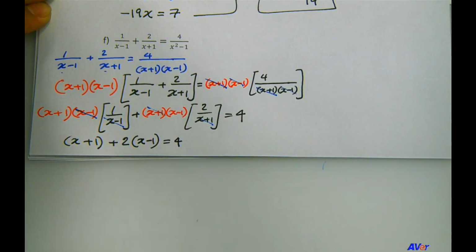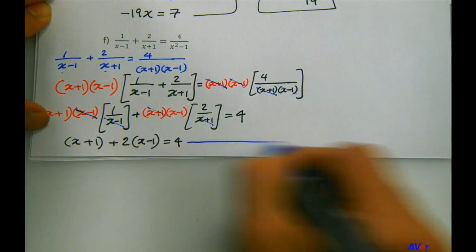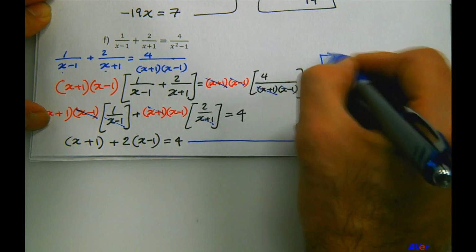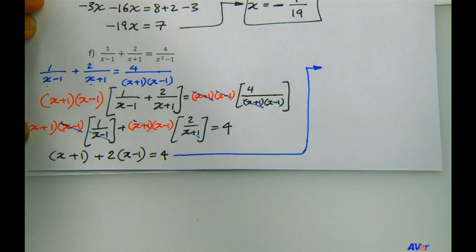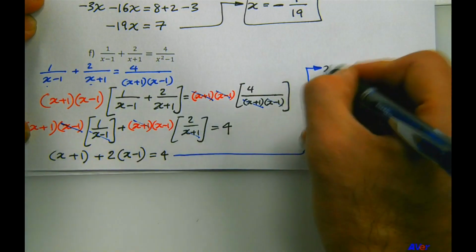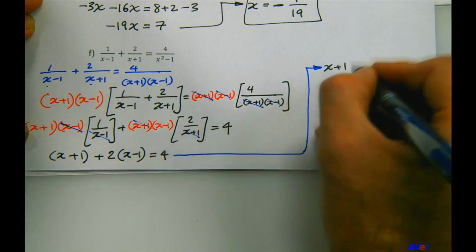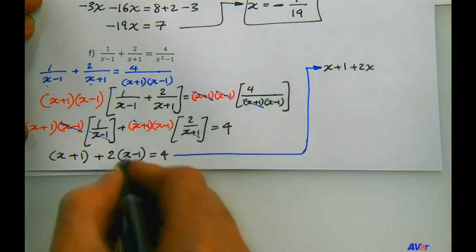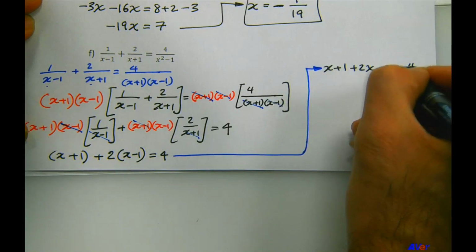Okay, we have a little more work to do because this is a linear equation. So we have x plus 1. I'm going to distribute this 2, plus 2x minus 2 equals 4.